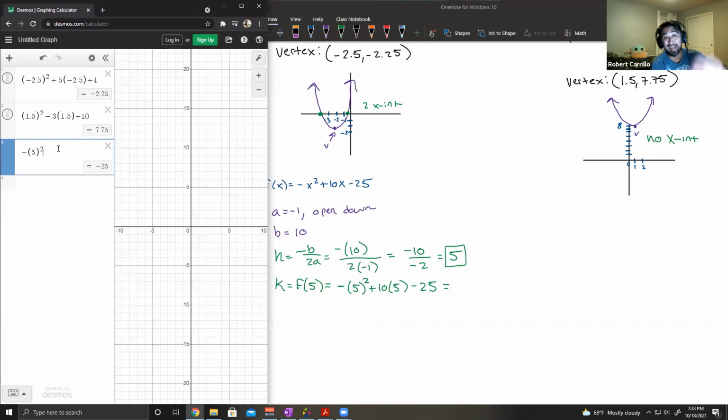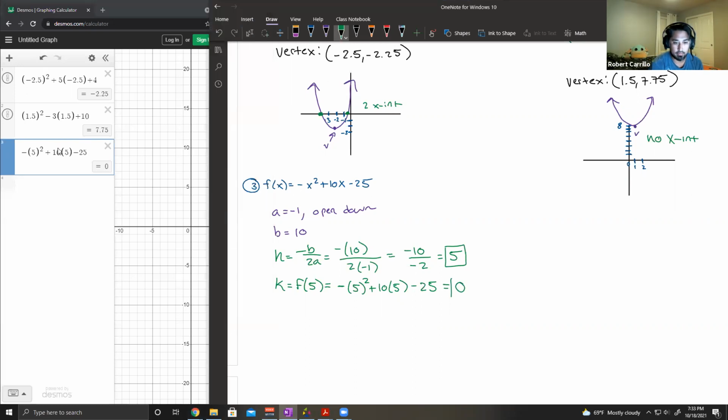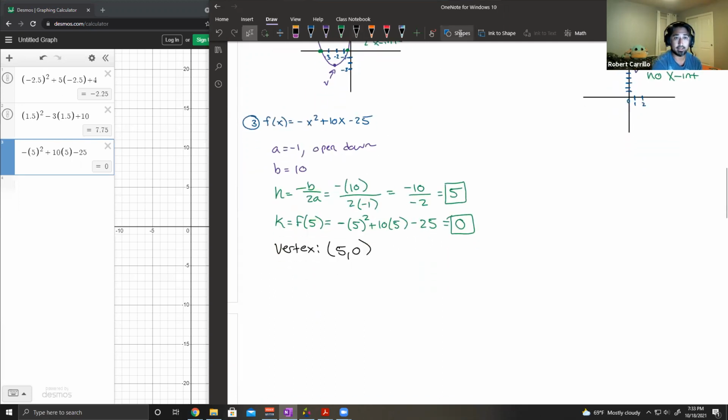Make sure that negative is outside of your parentheses. Plus 10 times 5 minus 25, and we get 0. Which means we now have our vertex. Our vertex is at 5, 0. Now let's sketch our graph.